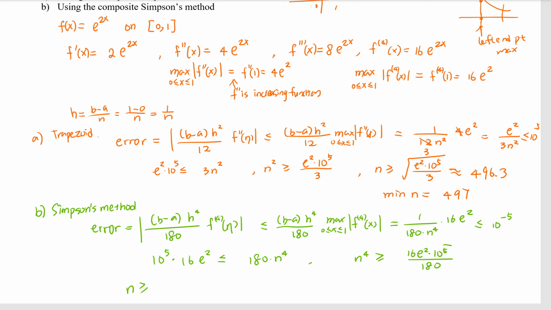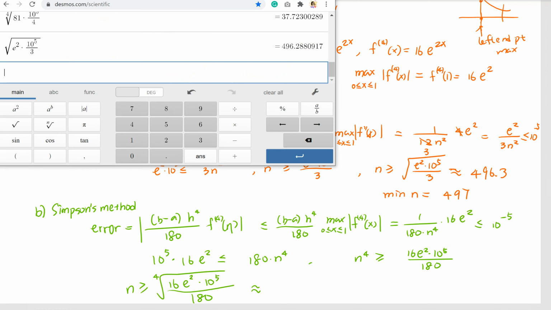So n is greater than or equal to the fourth root of 16e squared times 10 to the fifth over 180.